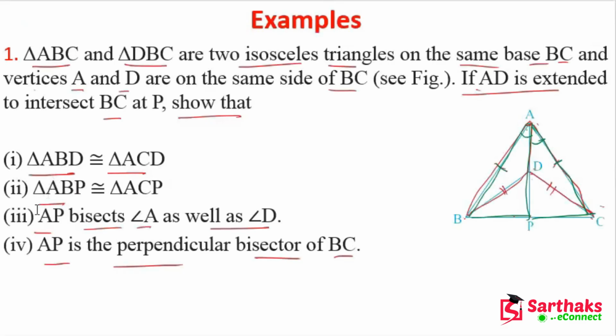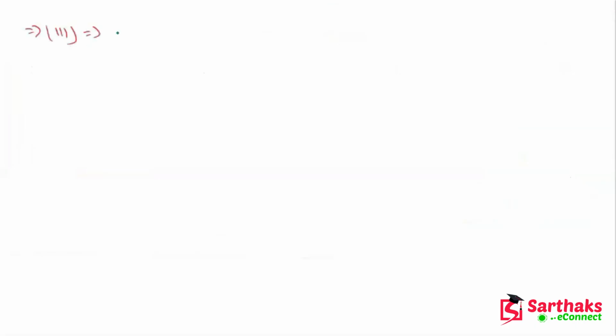Now let's move on to the third part. In the third part we have to prove AP bisects angle A as well as angle D. We know that angle PAB is equal to angle PAC, by CPCT, as triangle ABD is congruent to triangle ACD.